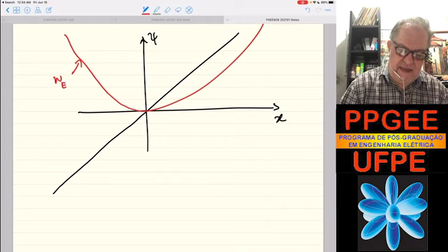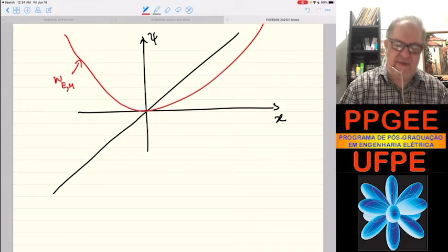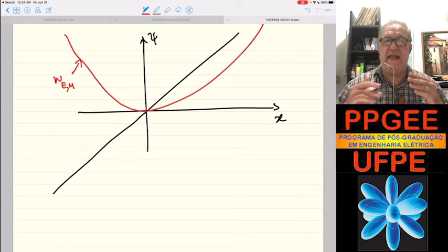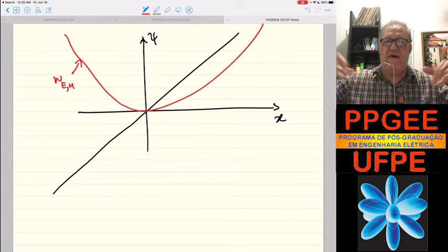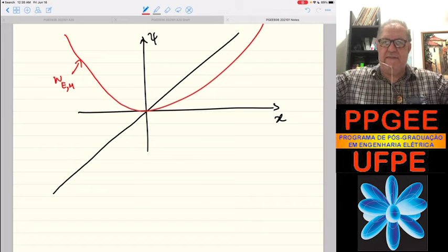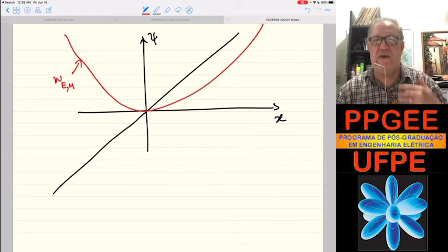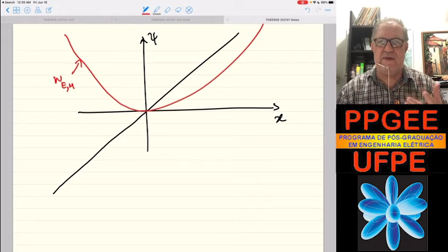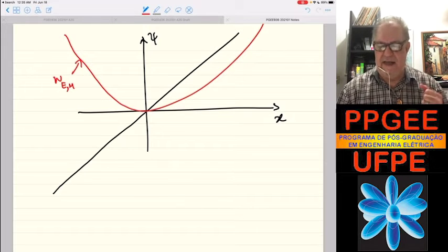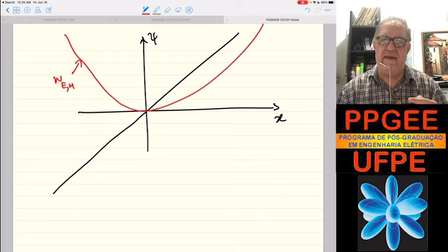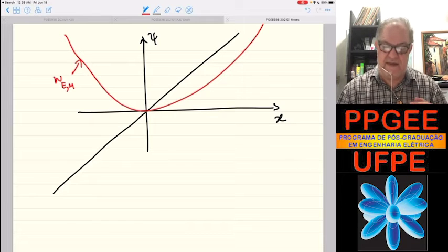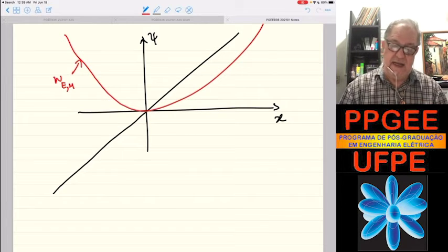This is WE or WM, which is energy density. The energy goes with the square of the field and grows indefinitely. That's not a wave. There's no such infinite amount of energy, right? So that's not a meaningful, physically realizable result.